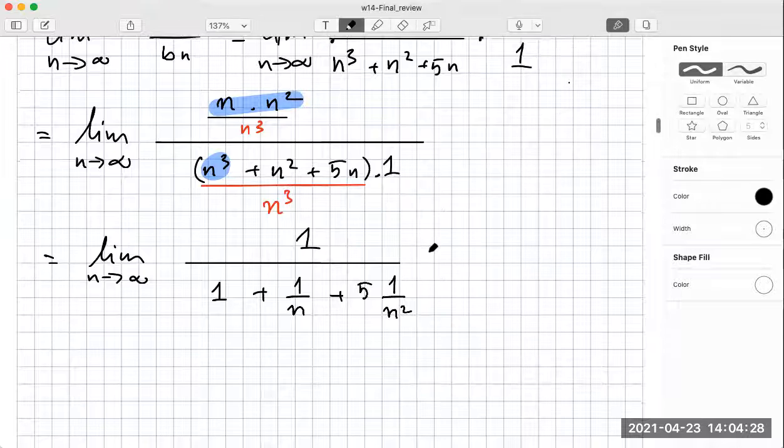The 1 here we can ignore. So what is the limit? It is 1. This is a number, right?